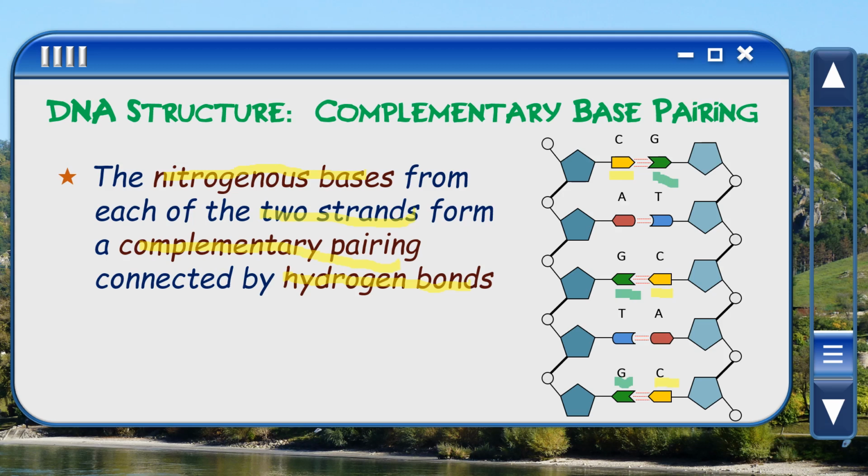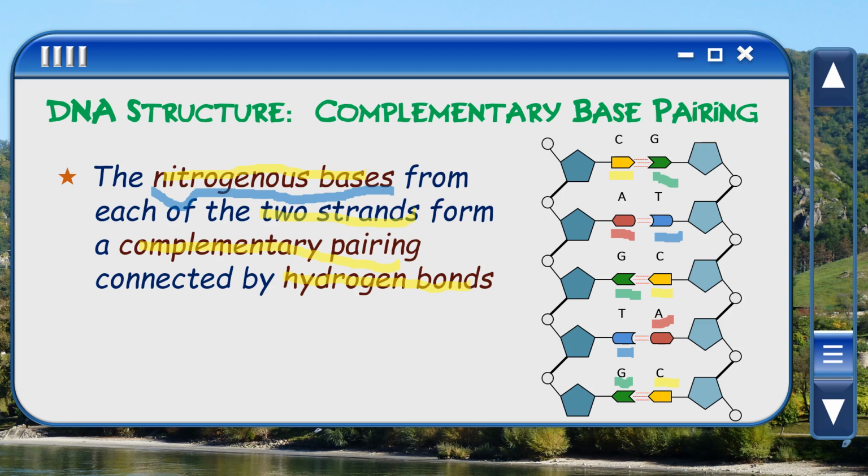Then we have adenine. This is adenine. Adenine is connected with thymine. This is thymine. So those are what we are calling the nitrogenous bases. And those bases from each of the two strands are complementary.